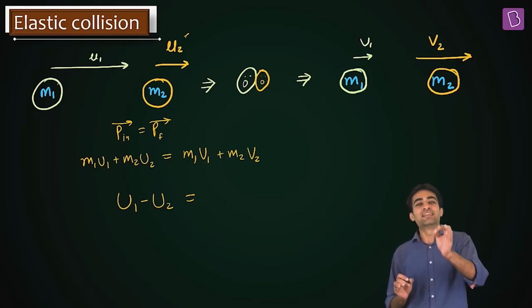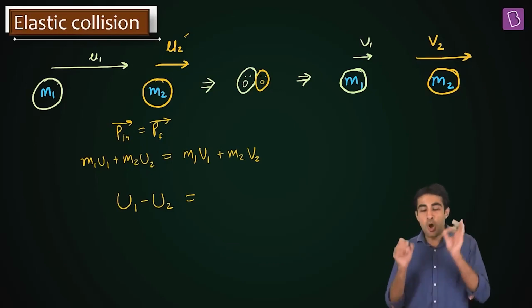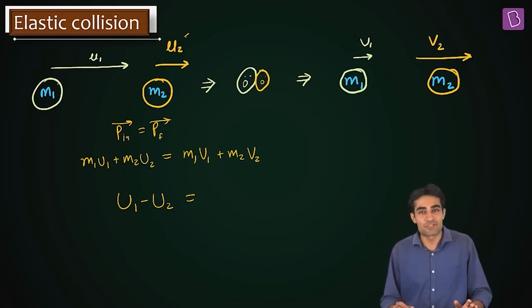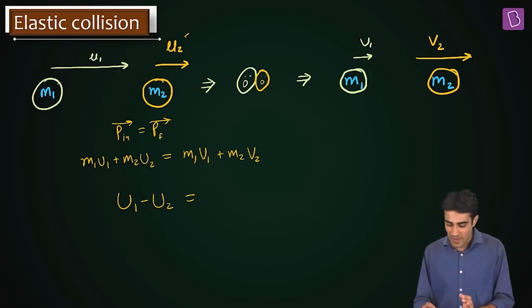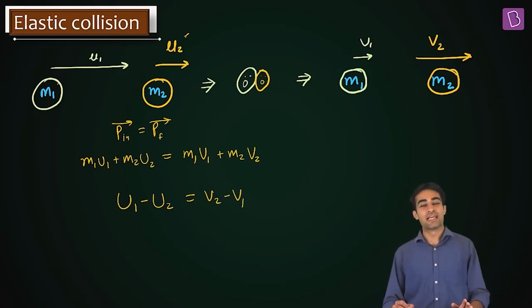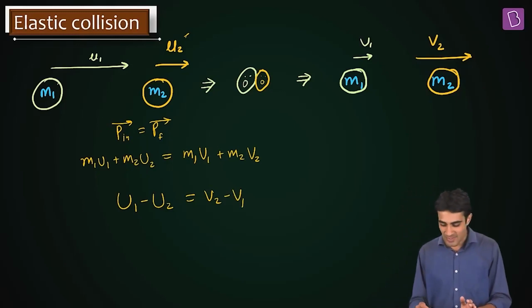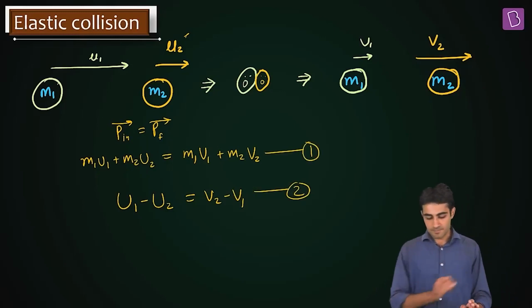Can you tell me the speed of separation? You have to tell me the relative speed. What is the speed of separation? You will say it is v2 minus v1. Yes, this is the equation. Speed of approach is equal to speed of separation. Let's call this equation 2. And the earlier equation was equation 1.